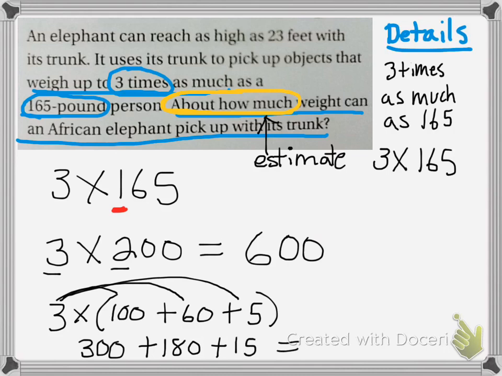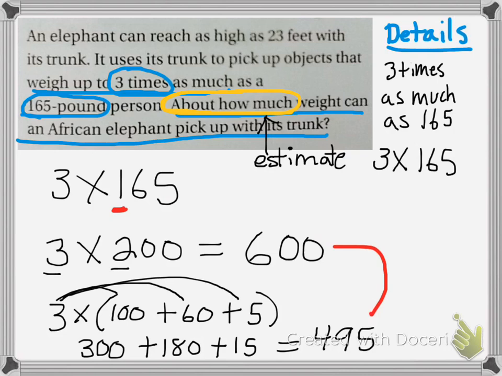I'm going to add all that together. 300 plus 180 is 480, plus 15, 495. Well, that is fairly reasonable. My estimate is a little greater, but then again, I did round 165 up quite a bit.